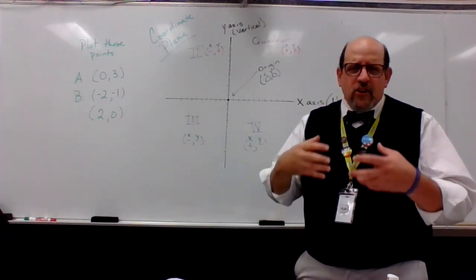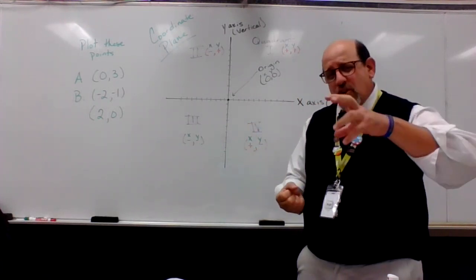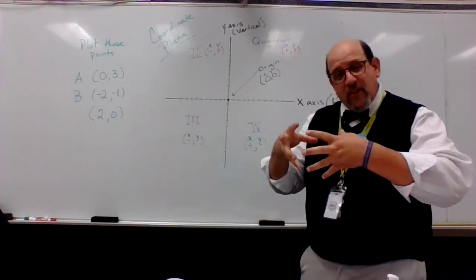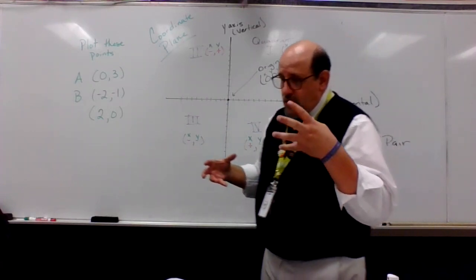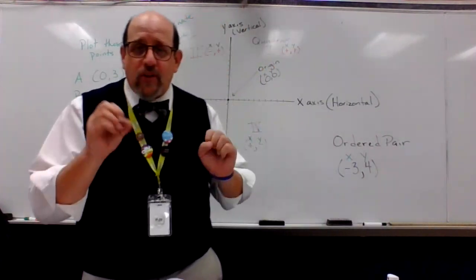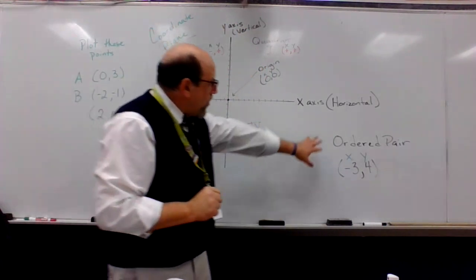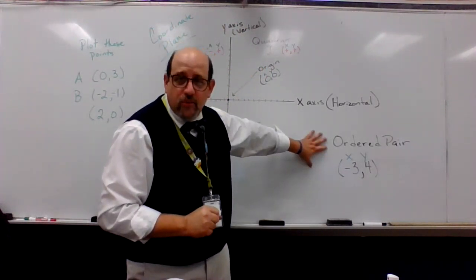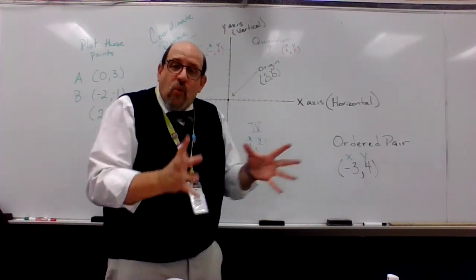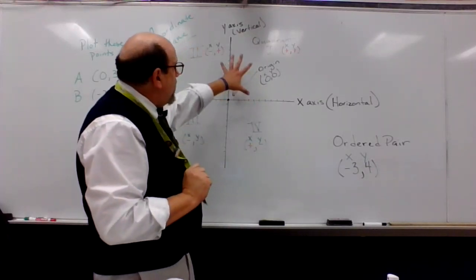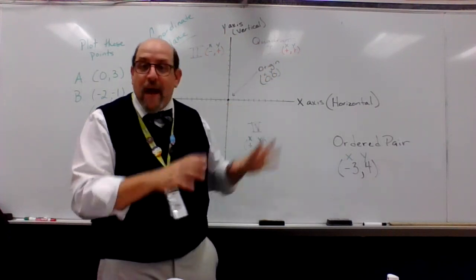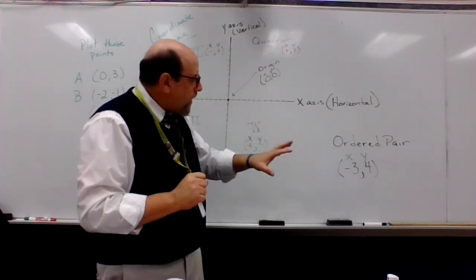And don't worry so much about names as much as you know what their purpose is in life, right? So you're going to be plotting points, or you're going to be given what are called ordered pairs, right? And they're going to tell you where this specific dot goes in this coordinate plane, this magical space, right?